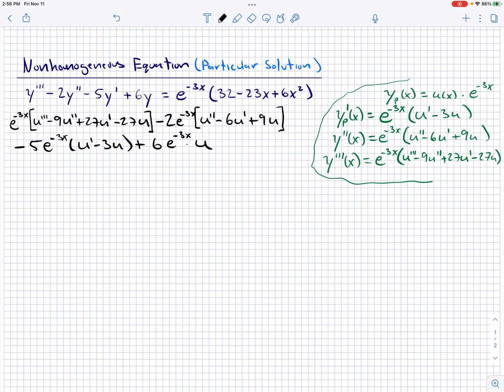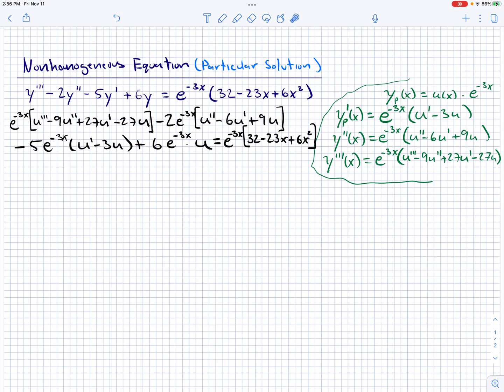And that is equal to e to the negative 3x times 32 minus 23x plus 6x squared.